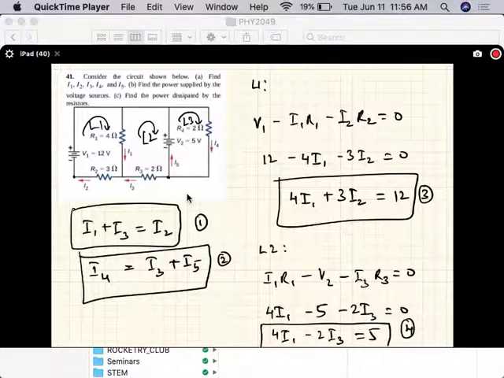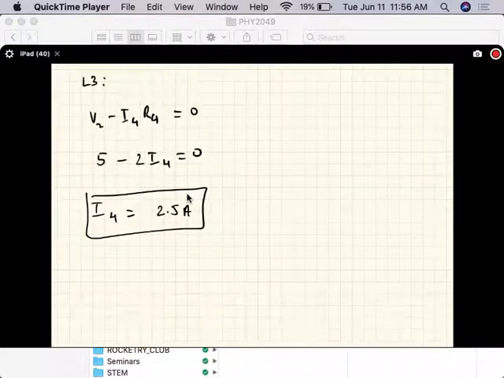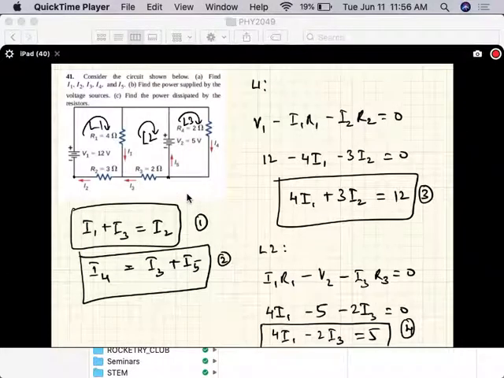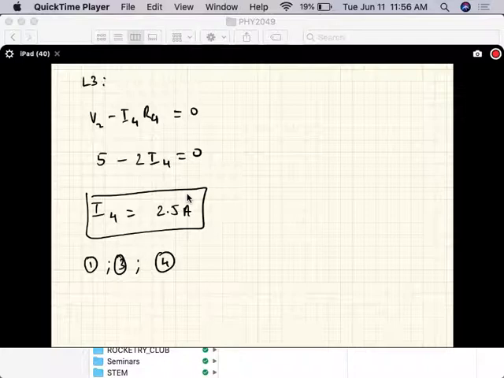So let me write that down. I1 plus I3 equal to I2. Equation 1, 3, and 4. I1 plus I3 equal to I2.